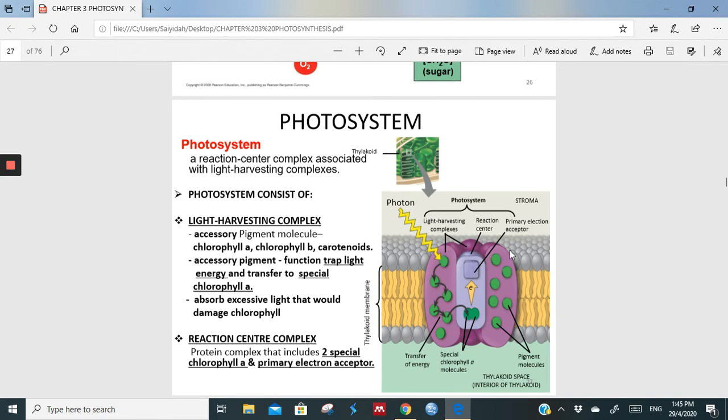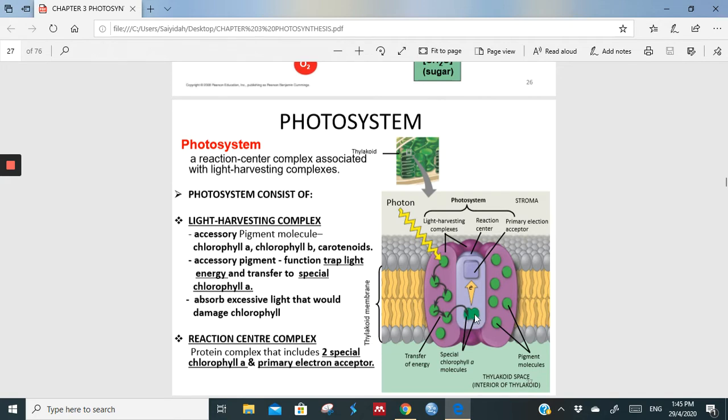What do we have in the light harvesting complexes? At this area we have the accessory pigments. You must know that pigments function to absorb light. The accessory pigments inside the light harvesting complex will absorb the light, also called a photon, and then the light energy will be transferred from one pigment to another until it is accepted by the special chlorophyll A molecules.